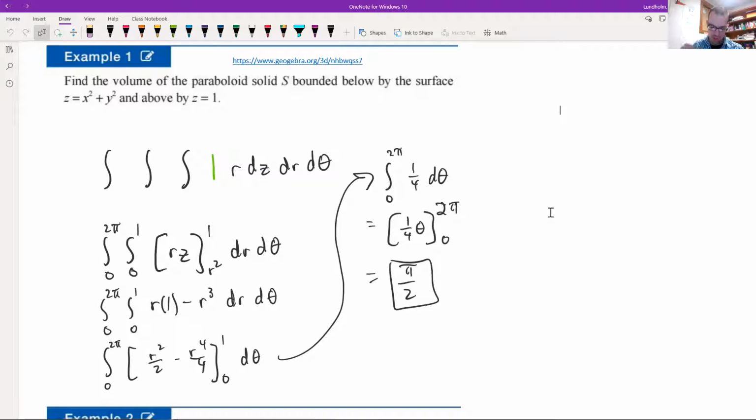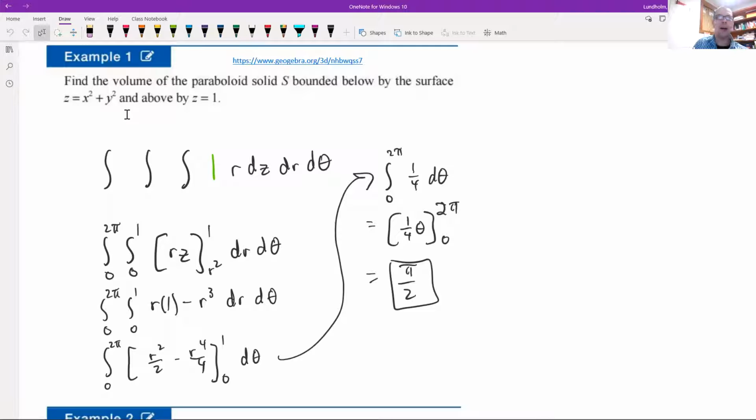So if we want to put some bounds on z, below we are bounded by the function z equals x squared plus y squared. And we know that in polar coordinates, x squared plus y squared is r squared.